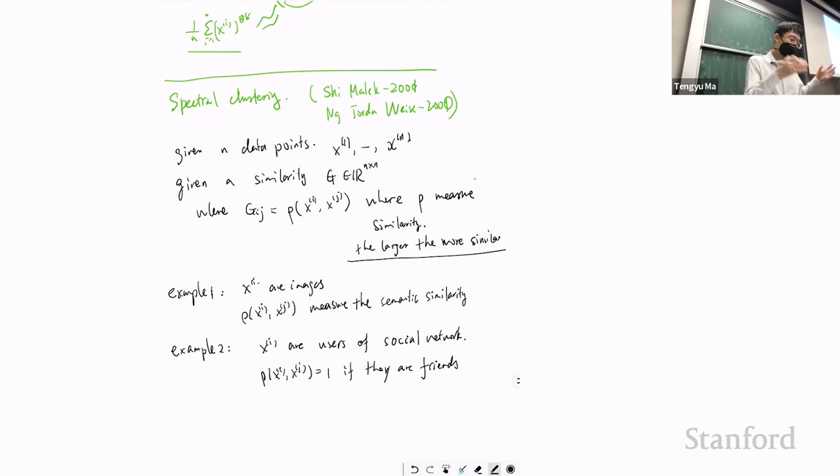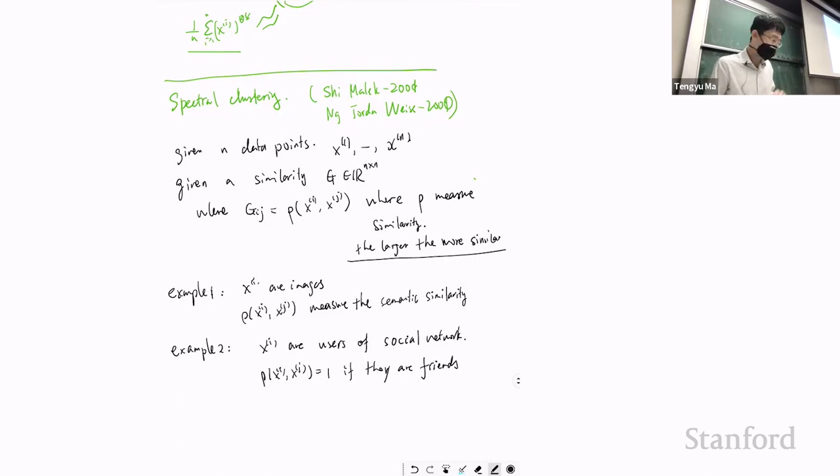When they are friends, it means they share some similarities, maybe in jobs or interests or other things. So you can think of this as a similarity measure between two users. And eventually you want to classify the users into groups, so you want to detect hidden communities between users from this unlabeled graph.